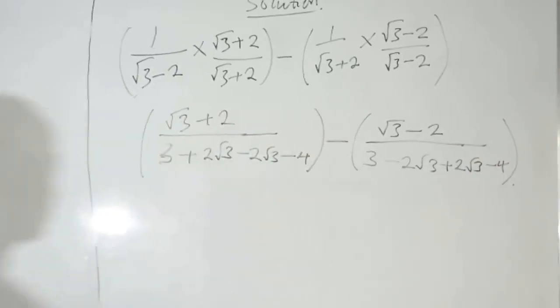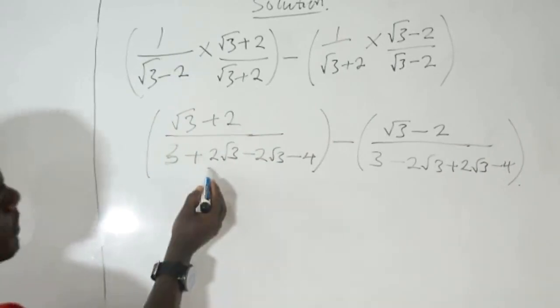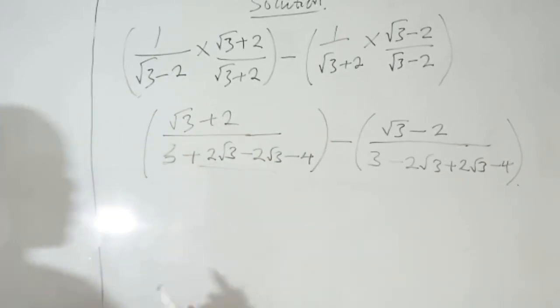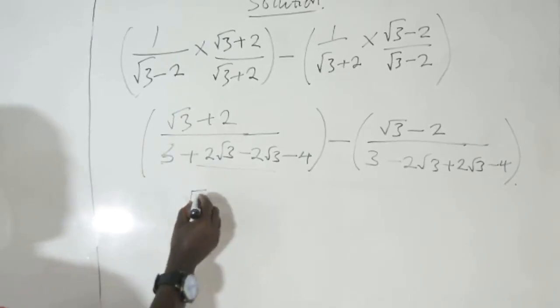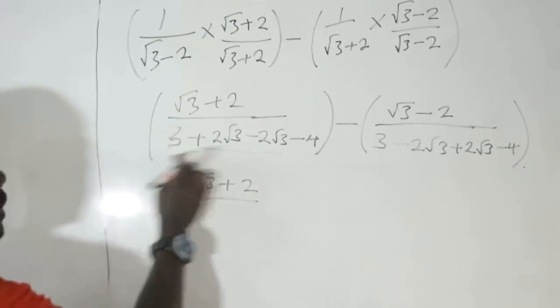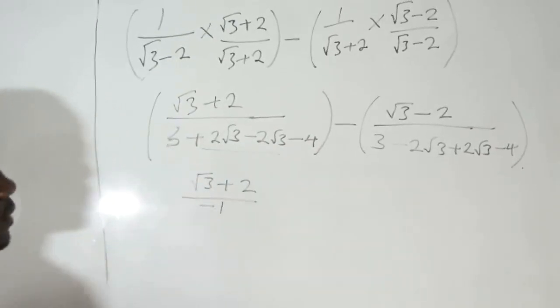Alright, looking at the first bracket here, you see that this place is now going to be 0. That is 2 root 3 minus 2 root 3 is 0. So we are left with root 3 plus 2 all over 3 minus 4, which will give us minus 1.